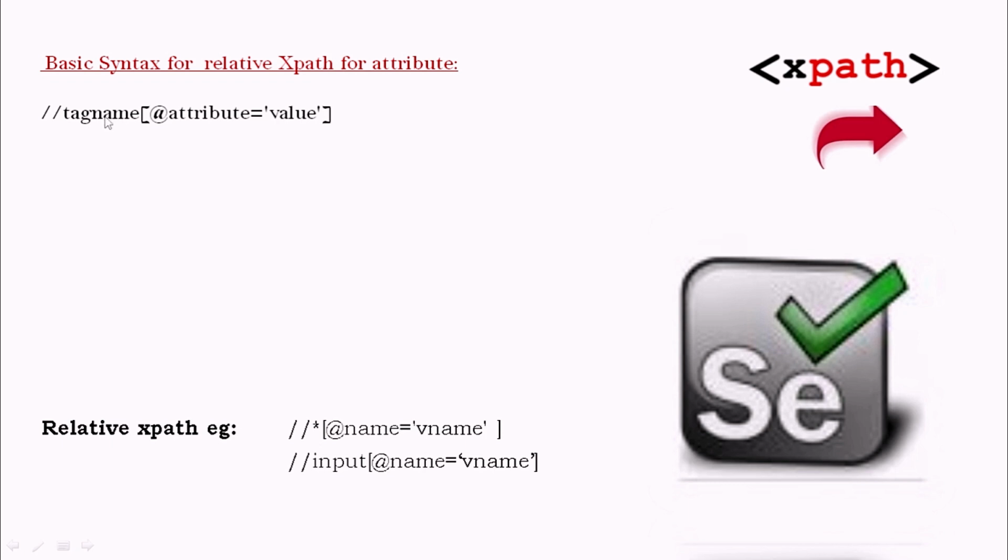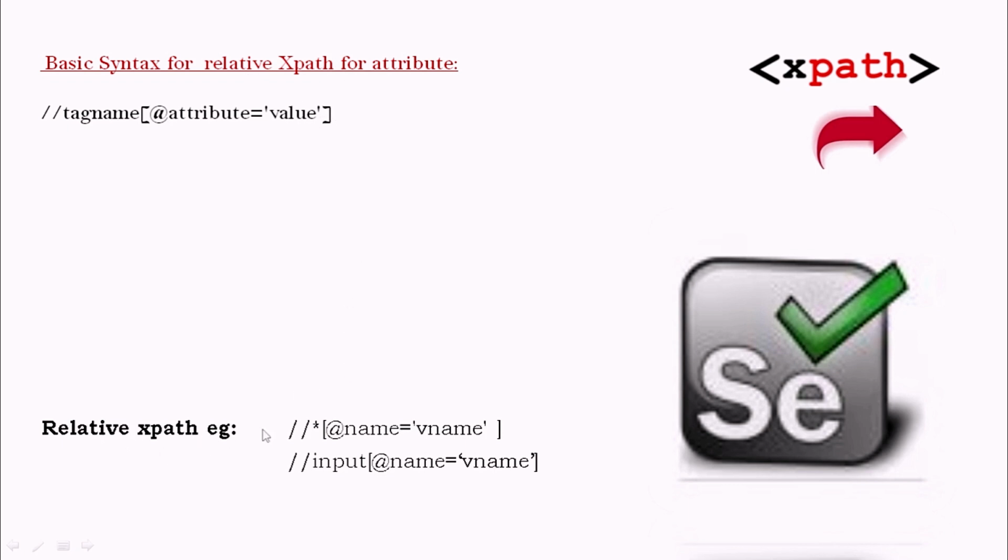Then you need to provide the tag name, and then a bracket. Then @, the attribute name, and the equal to sign. After the equal to sign, in single quotes, you need to provide the value of the attribute. This is the basic syntax for the relative XPath for the attribute.